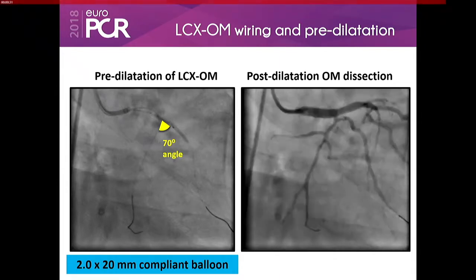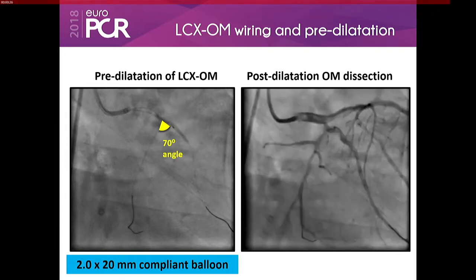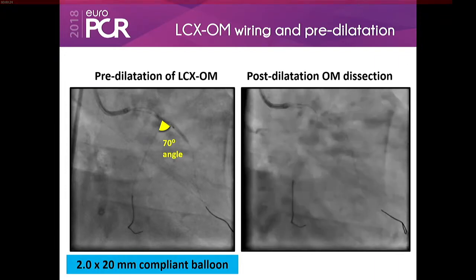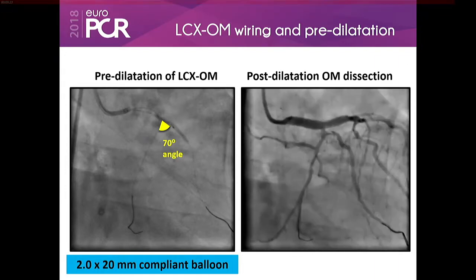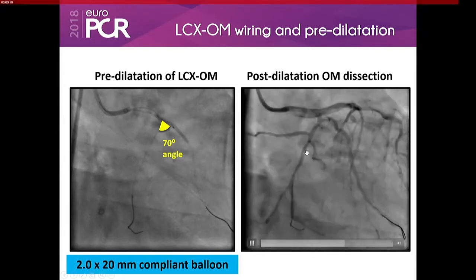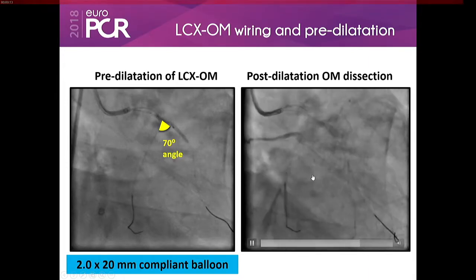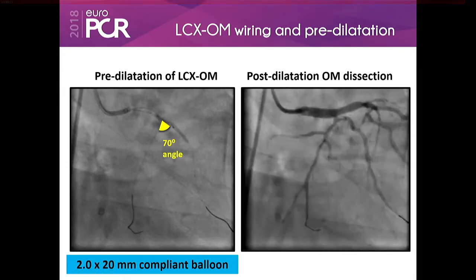For example, if you choose to do the culotte, I know this is obvious to most of you, but I want to say it anyway. If you want to choose the culotte, some may tell you take the first stent down in the circumflex. That would be wrong. Why?